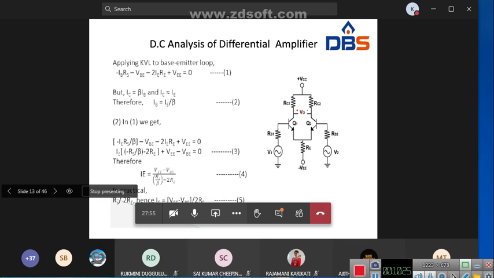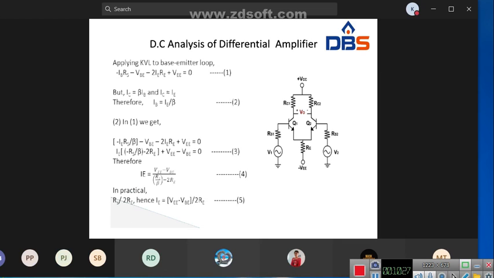So applying KVL to the base emitter loop. See here, it is a base emitter loop. If you apply KVL to this base emitter loop, then the equation will be like this. The voltage drop across RS1 is minus IB RS, right?